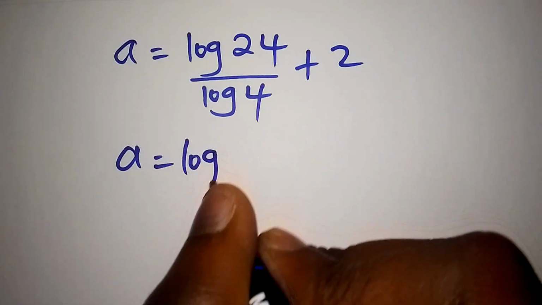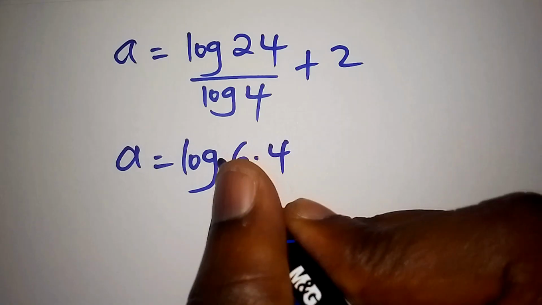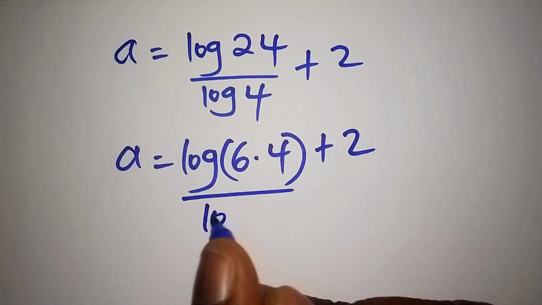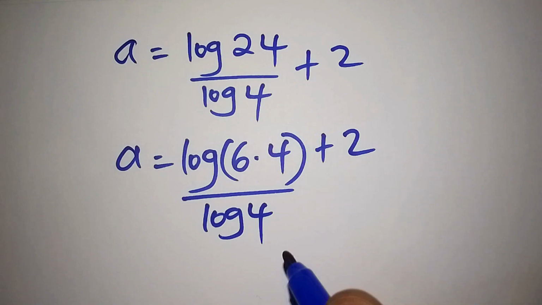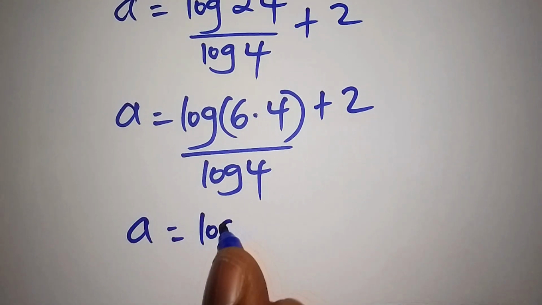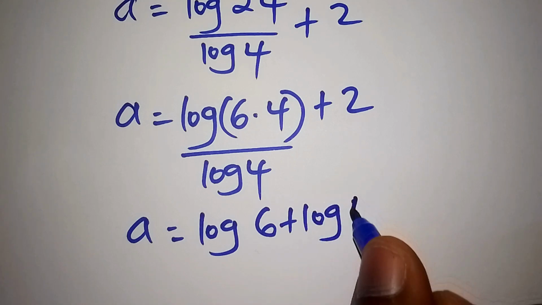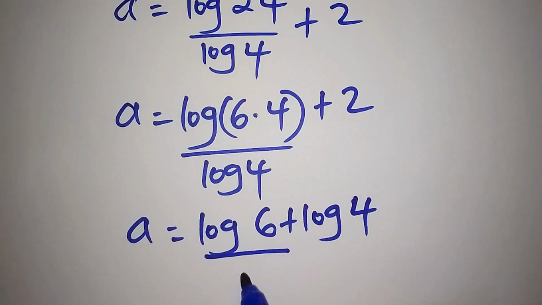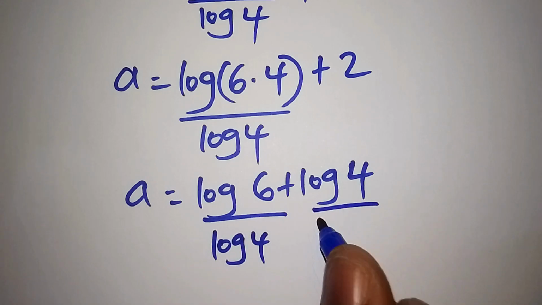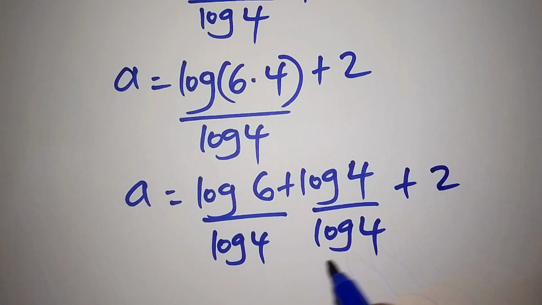So next we shall move on and say that our value for a is equal to, the log of 24 can also be written as 6 multiplied by 4, then plus 2, all over the log of 4. So here our value for a now is equal to the log of 6 plus the log of 4, all over the log of 4, then plus this 2.